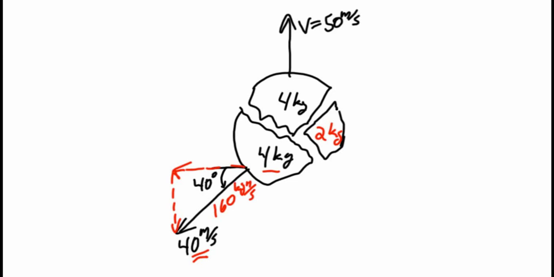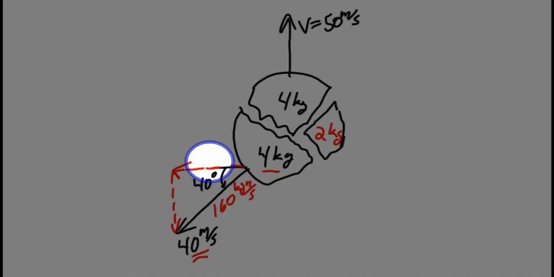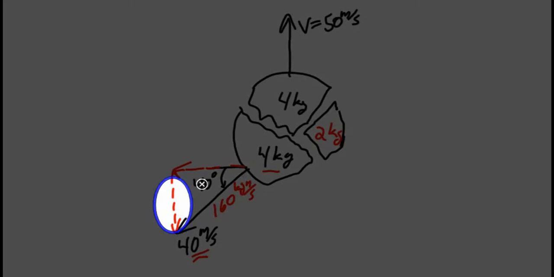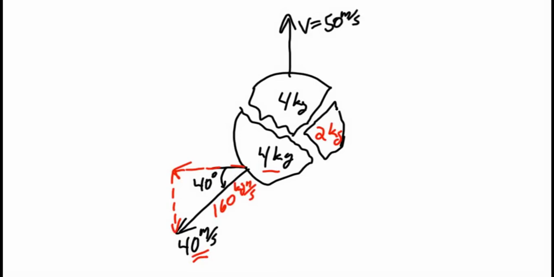Okay? And then what I need is these 2 components. I need to know both the west part of the component as well as the south part of the component of this original 160. Okay? So sine 40 times 160, and we can get the south component. Anybody have that?